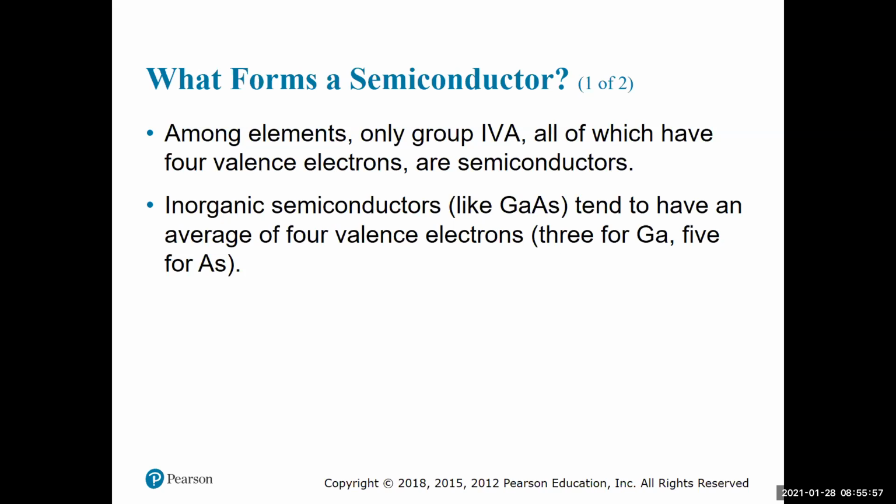But what you usually find is that the average of them will be 4 valence electrons. And so in this one, gallium with arsenic, so gallium arsenide, gallium has 3 valence electrons, arsenic has 5, so it averages out to 4. So when you form that molecular orbital, you wind up with the proper number, in other words, 8 valence electrons to put into the molecular orbitals.